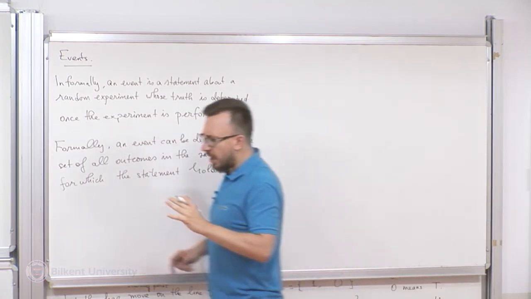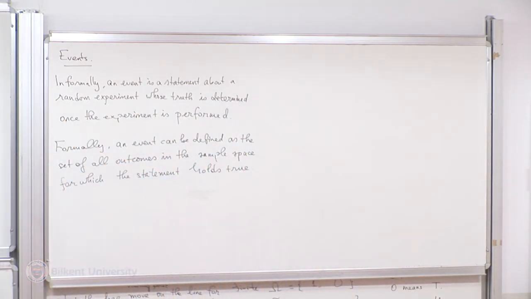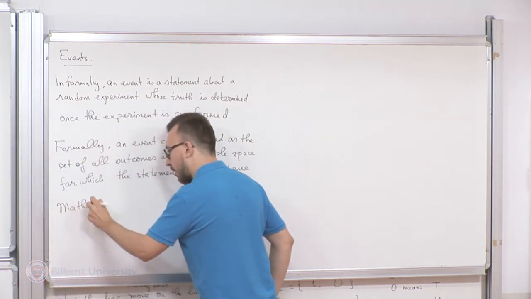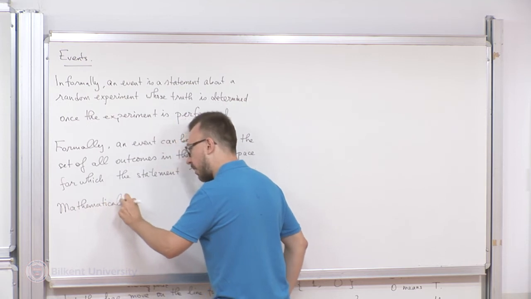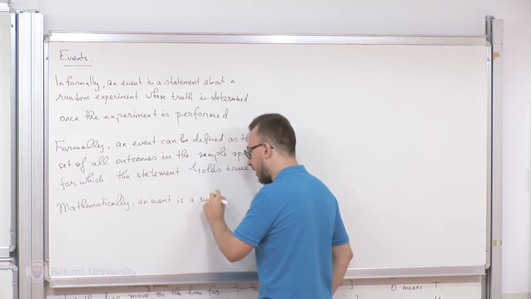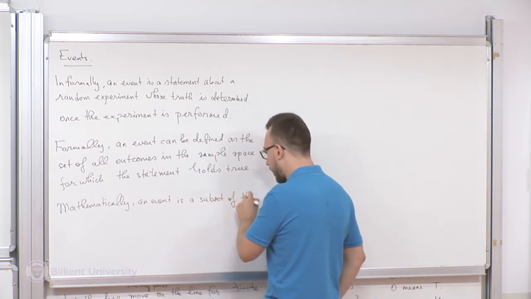So in the informal version, an event is just a statement. In the formal version, it is a set of outcomes for which that statement you're talking about holds true. But mathematically, an event is a subset of the sample space.